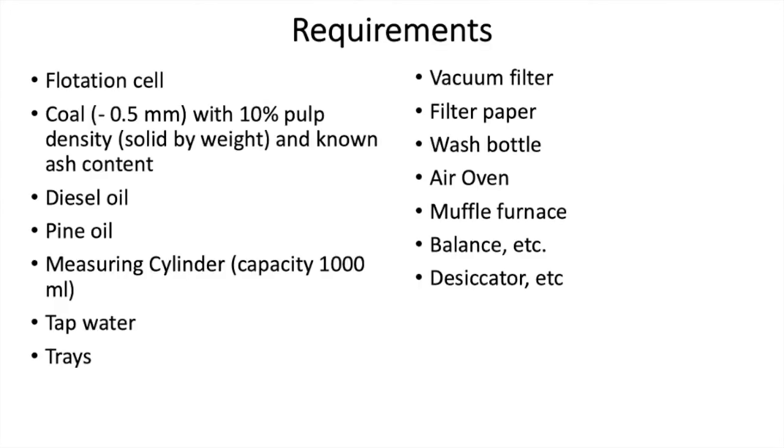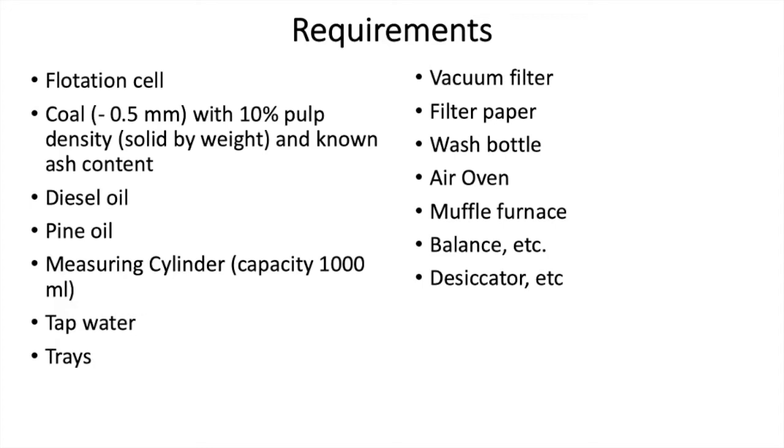Now these are the material requirements for the flotation experiment. You need a flotation cell, and you need coal, which should be finer than 0.5 millimeter, that is 500 micrometer. We prepare a pulp which is 10% solids by weight.